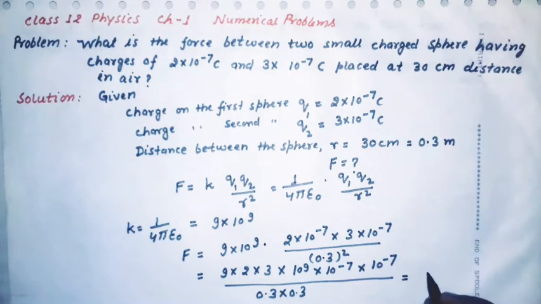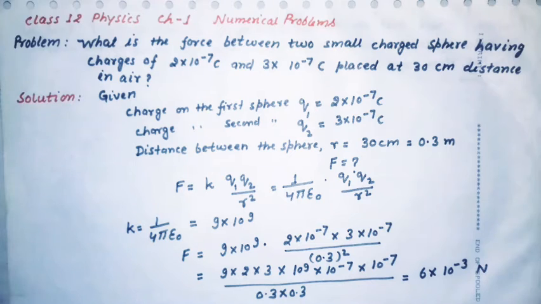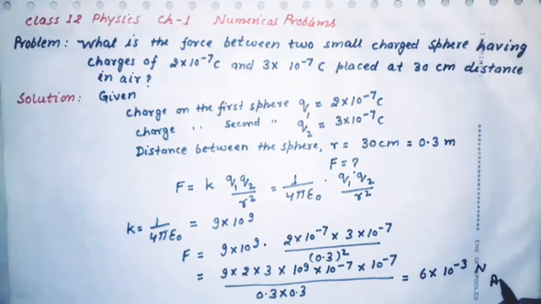If we solve it, the answer will be nearly equal to 6 × 10^-3 Newton. So this will be the value of force between these two charges, and this is the required force that we have to calculate. So this is our answer.